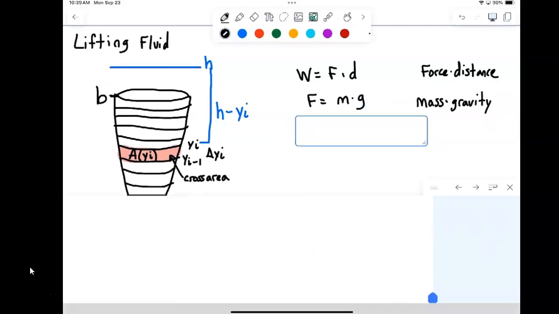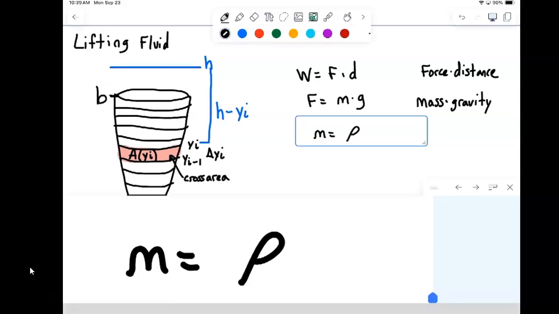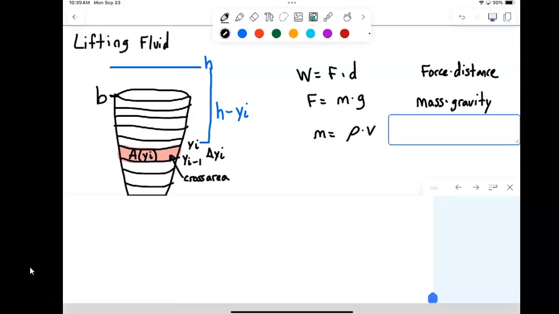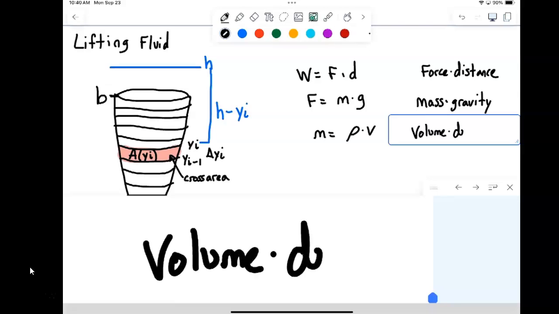But mass, remember, is your density times the volume. So density, rho, times the volume. Remember, that's what mass is.